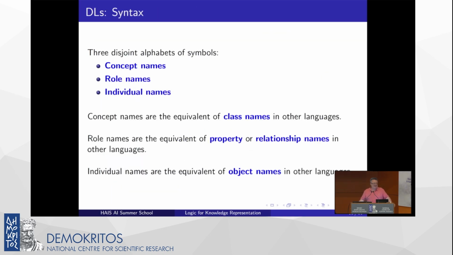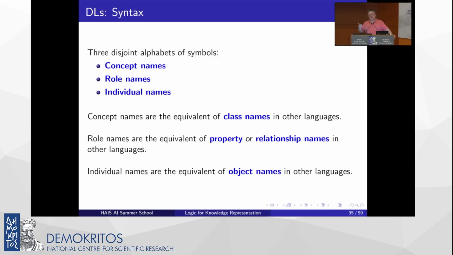So what is the syntax now in description logics? I state again clearly, they are subsets of first-order logic. So you don't need them as subsets. You can do the same thing just by first-order logic. But by introducing an alternative syntax and then alternative inference rules and proof procedures, you can do things more efficiently.